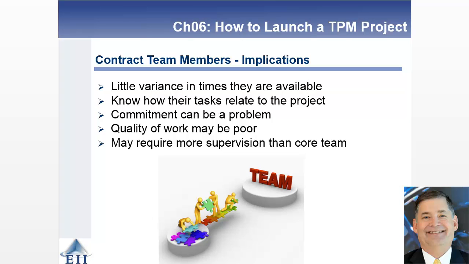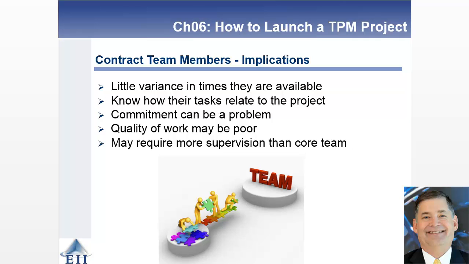Contract team members, you've got to be careful. There are some implications here. They tend to be great additions to teams, but every now and then you're going to run into challenges where their commitment is affected, because they know their contract's coming up to an end and they've got to look for their next job. Quality of work may be poor and may require more supervision.